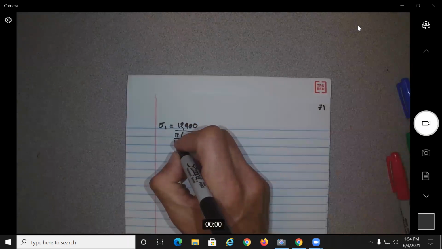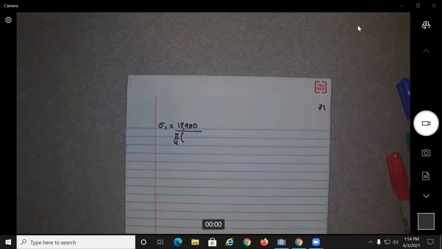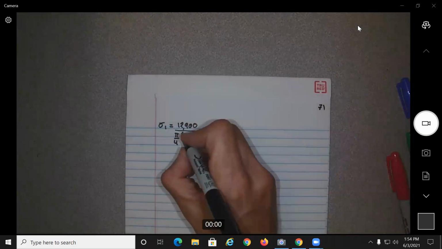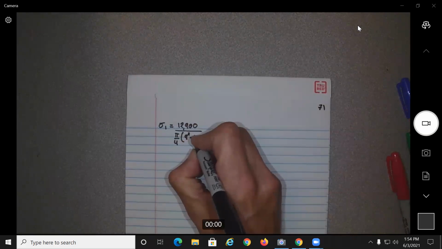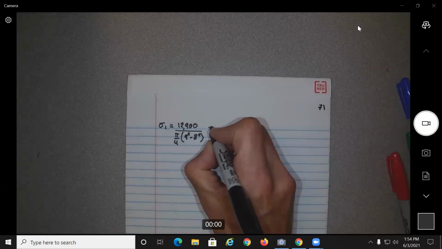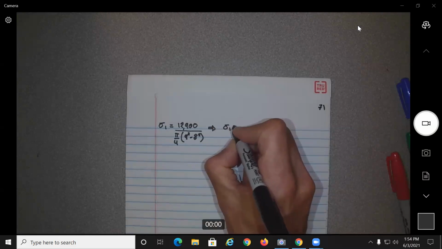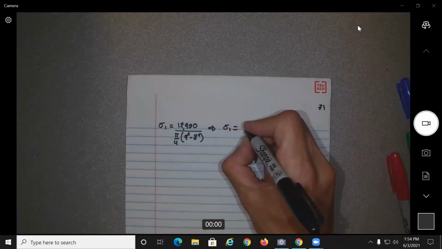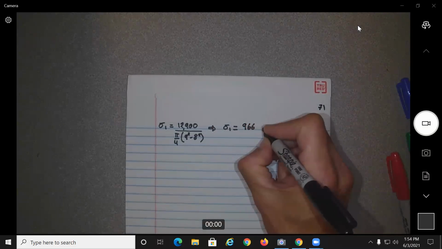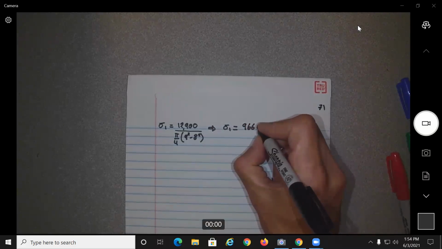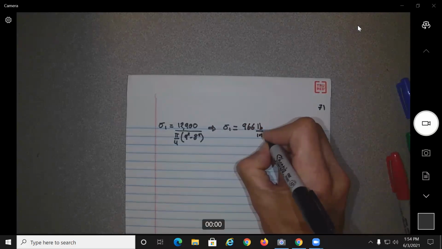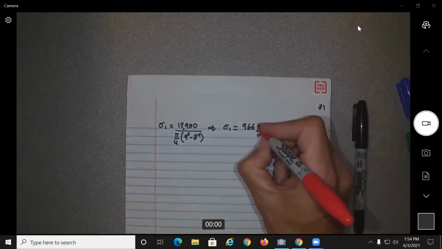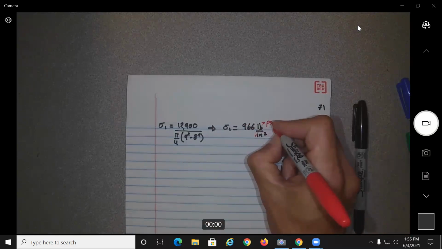The outside was equal, I think, to 9 inches. Yes, so 9 square minus 8 square. And if you do the calculation, I think this should give you, let's see, the result, 966. The units will be pound force per inch square, which is the same thing as PSI.